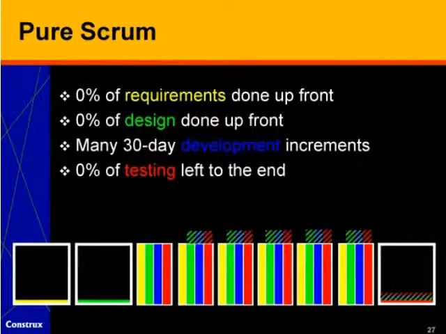Pure Scrum looks in many ways very similar to extreme programming. None of the requirements are designed up front. Numerous self-contained development increments where we do requirements, design, development, and testing within the increments. An important difference between Scrum and at least the original version of extreme programming, though, is that in Scrum we have the notion of a product backlog where we can get a more global sense of the overall scope of what we're trying to build.